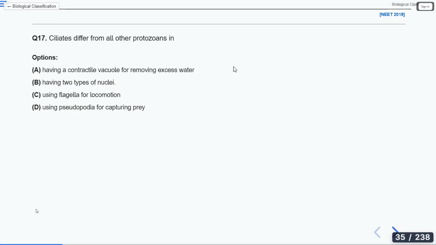So what is the role of the contractile vacuole?